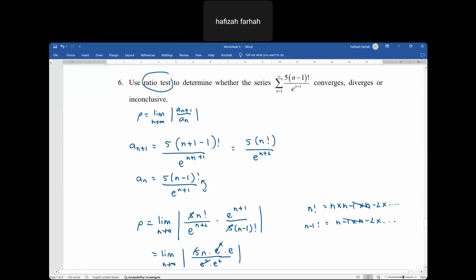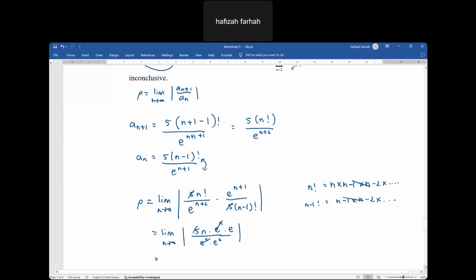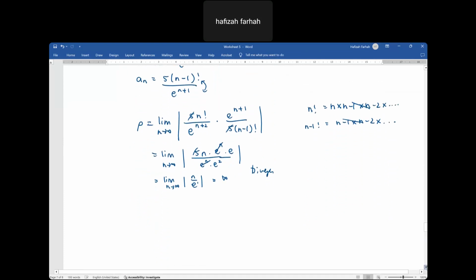So you get n times e, just that. Right? Yes, n over e, approaching infinity. So infinity over e, you get infinity. So it is diverge, right? Alright, so that is for the ratio test.